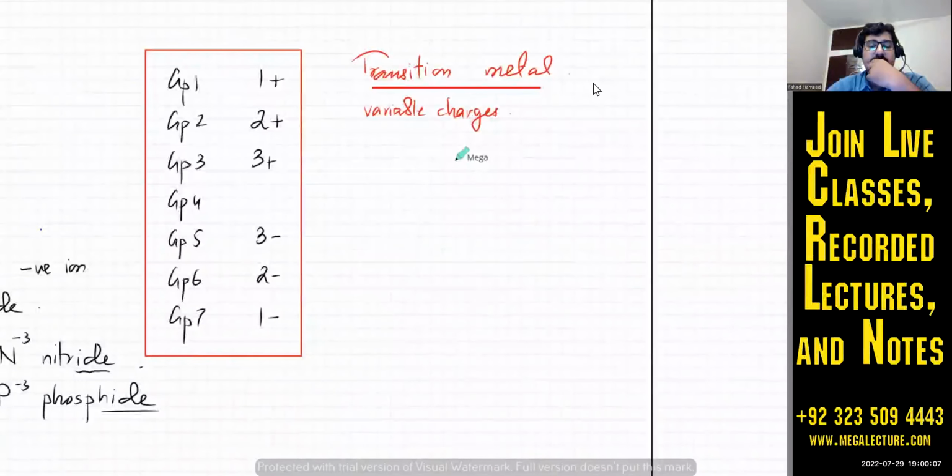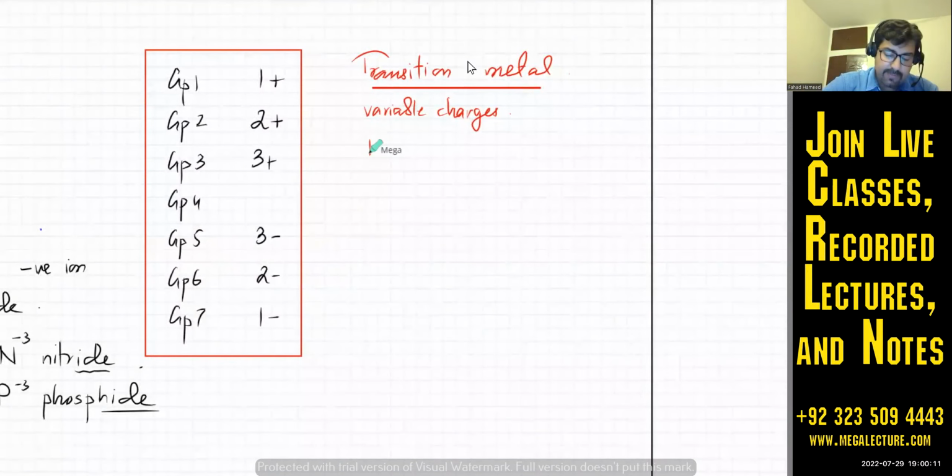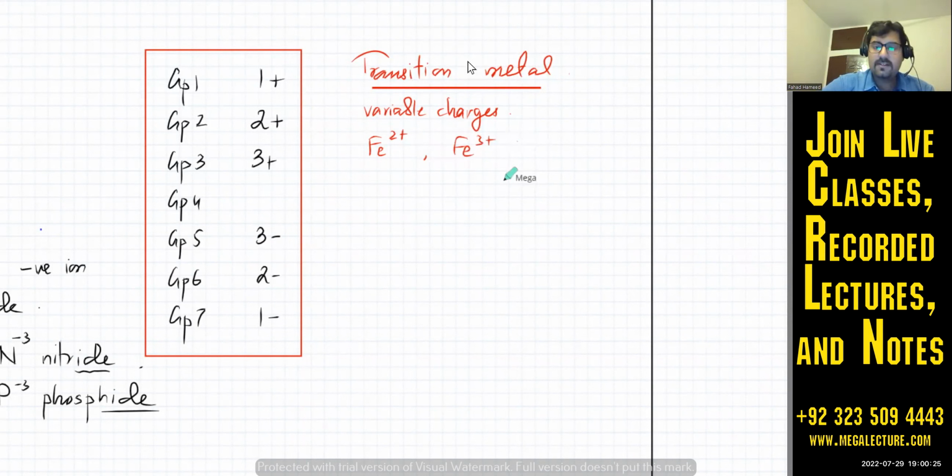So transition metals have variable charges. Like iron is a transition metal. Hopefully everyone knows what a transition metal is, the block in the middle. Fe could be 2+. It can also be 3+. So how do you know what charge it has? The charge will be written in Roman numerals in the formula.